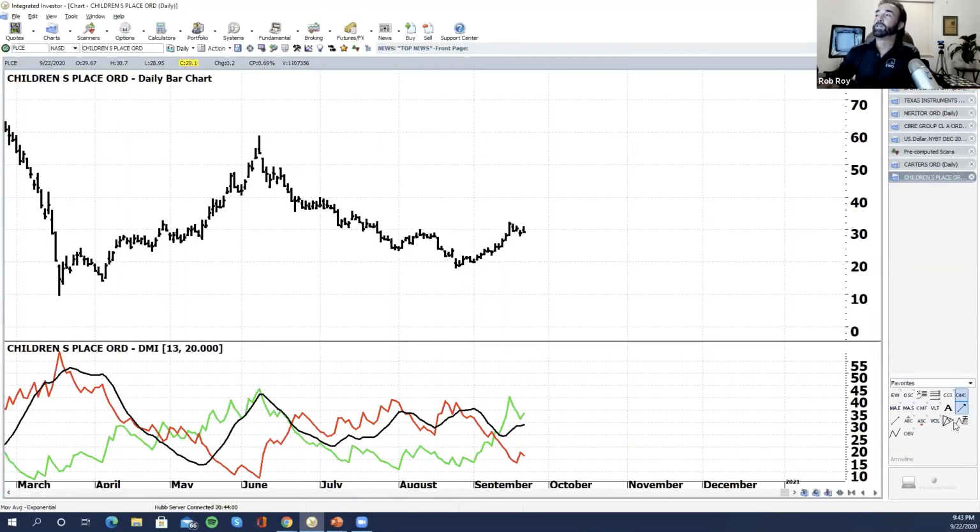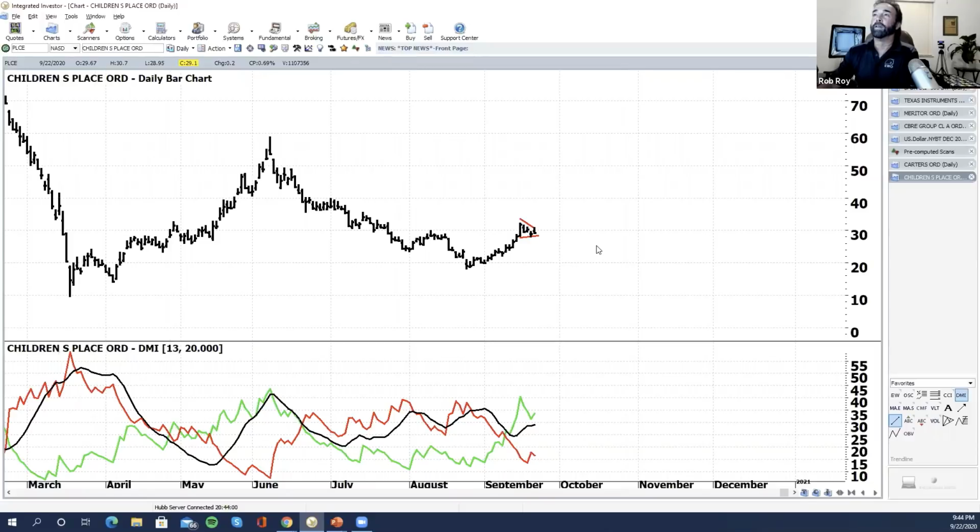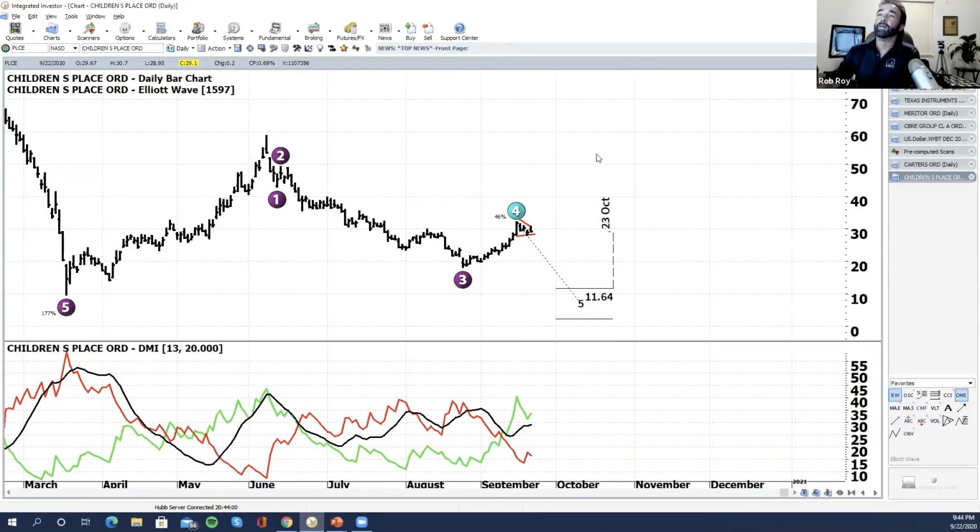Because you can see right now all we have is an impulse right here. There's nothing to base any sort of extended move there in this super tiny triangle right here. A couple dollars wide, so it's going to move a couple of dollars here within the next day or two, but other than that, I don't see a whole lot there.